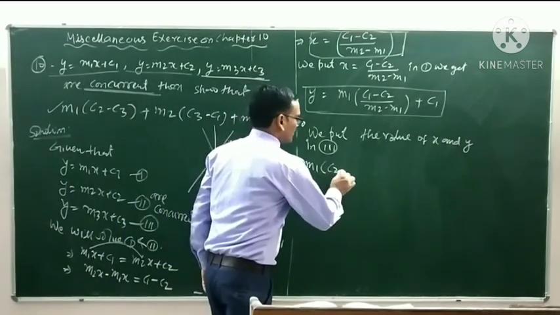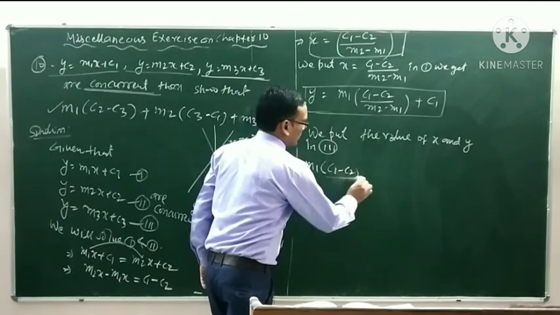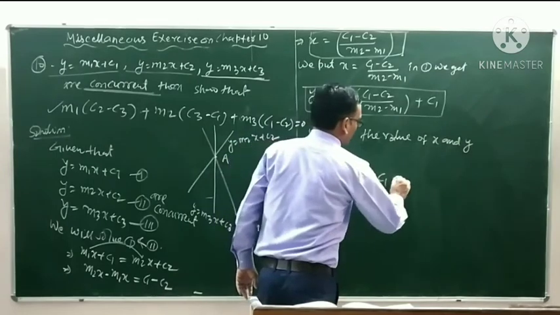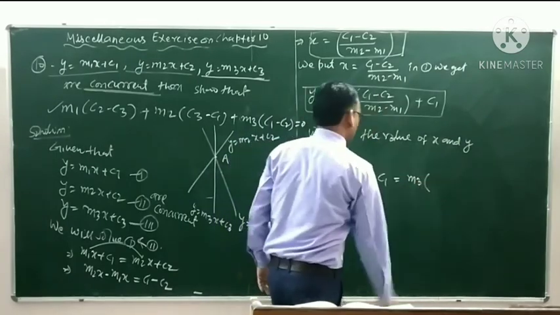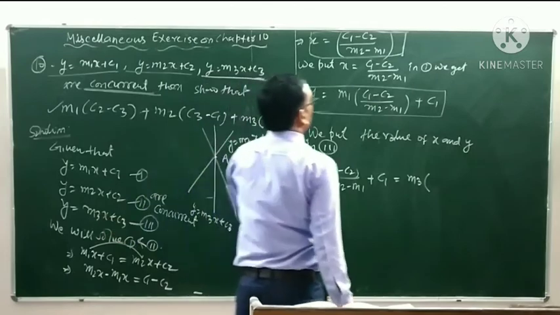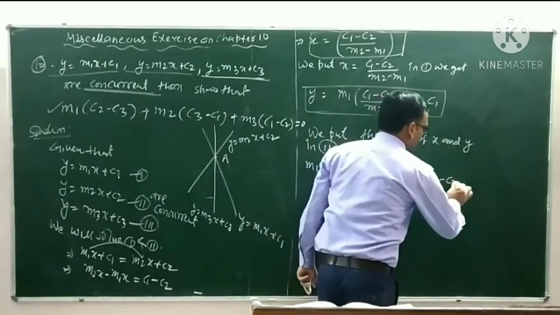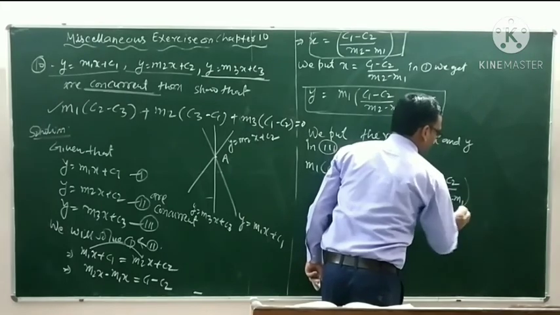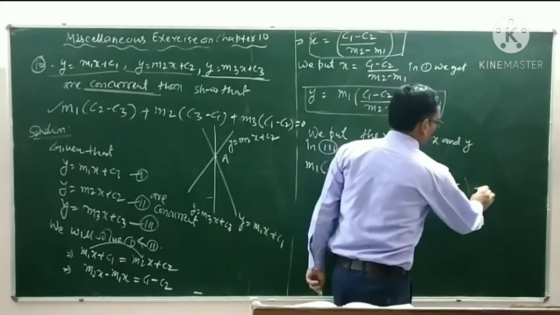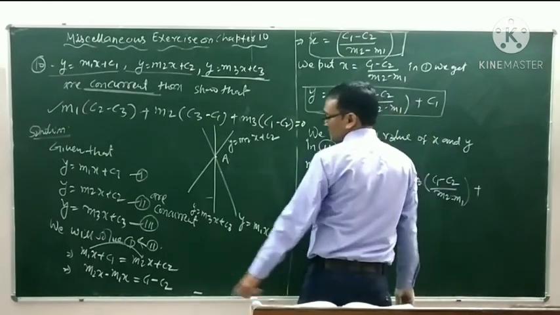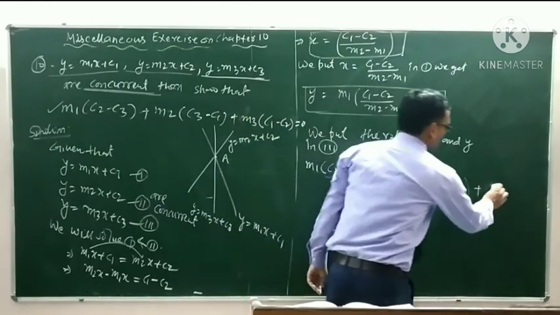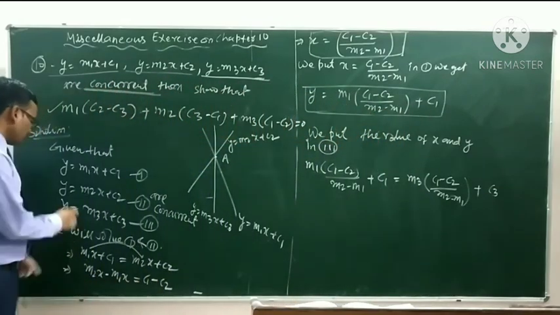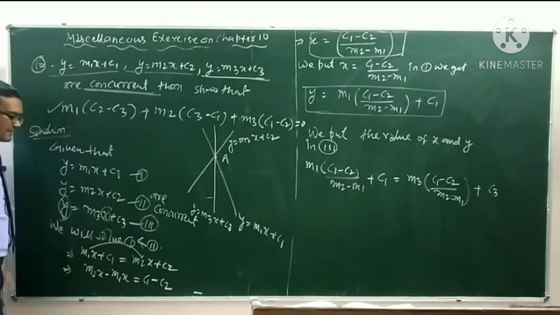m1 into c1 minus c2 upon m2 minus m1 plus c1 is equal to m3 into the value of x. The value of x is c1 minus c2 upon m2 minus m1, plus c3. We put the value of y and the value of x in 3.